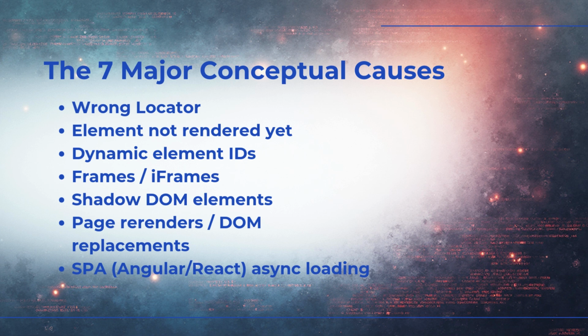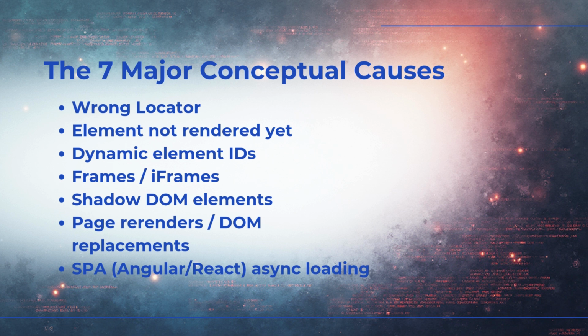There are seven major causes for this. When you get a NoSuchElementException, it boils down to one of these seven categories. First one, wrong locator. Second one, element not rendered yet. Third one, dynamic element IDs. Fourth one, frames or iframes. Fifth one, shadow DOM.